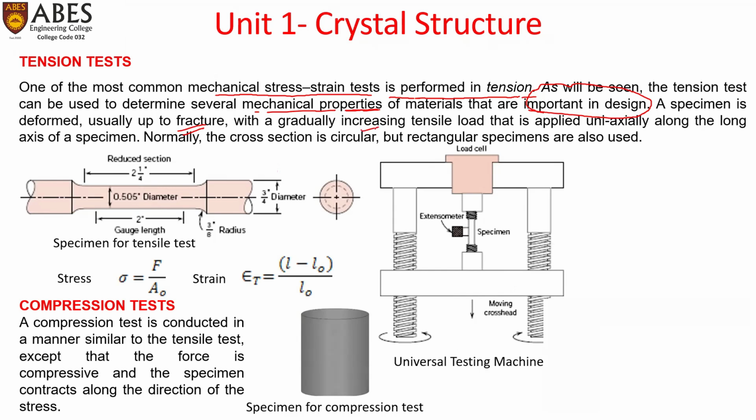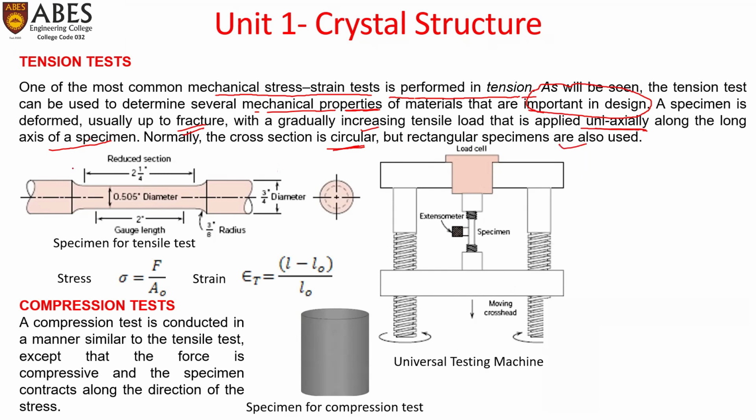The load is applied uniaxially, in a single axis along the long axis of the specimen. Normally the cross section of the specimen is circular, but rectangular specimens are also used.